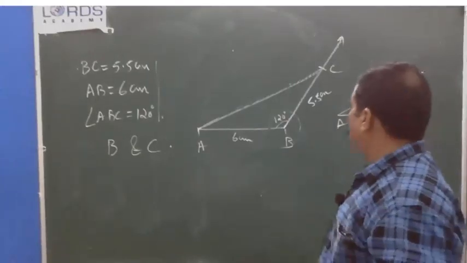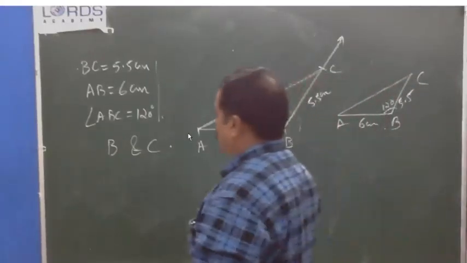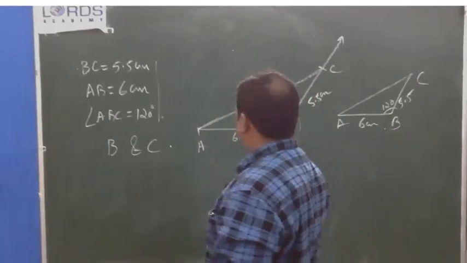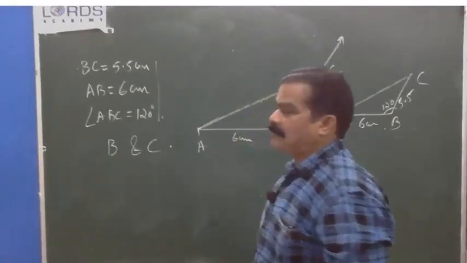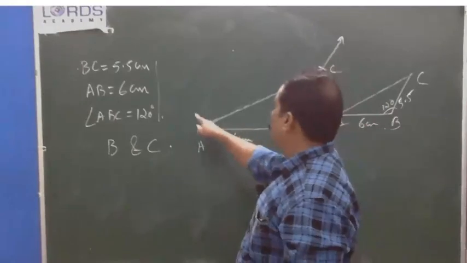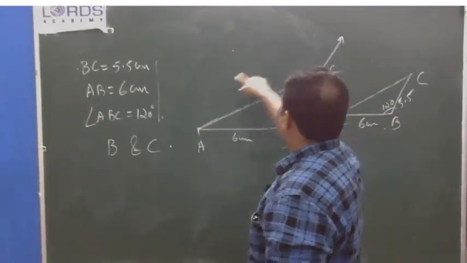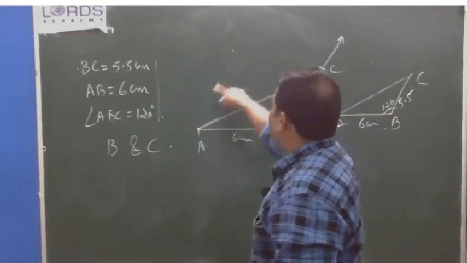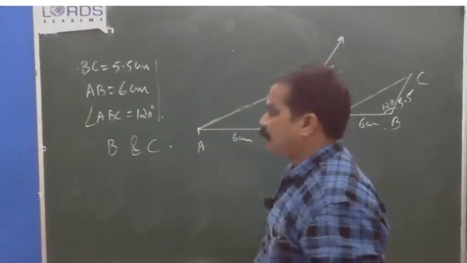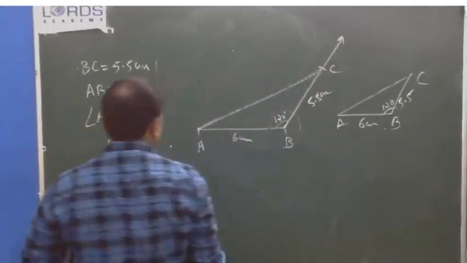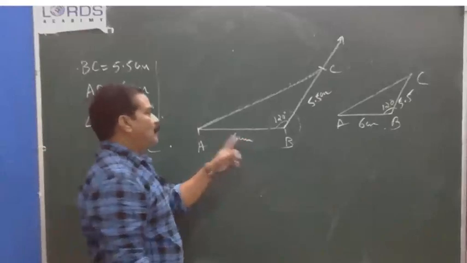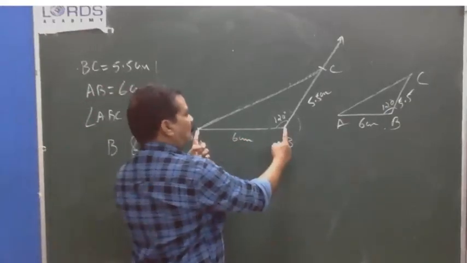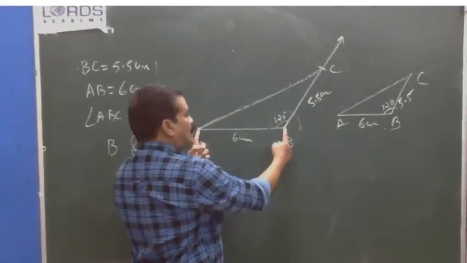Okay. After getting that, we have to find out another point. You have to construct the circumcircle here. For this, you draw the perpendicular bisector to get the center of the circumcircle.